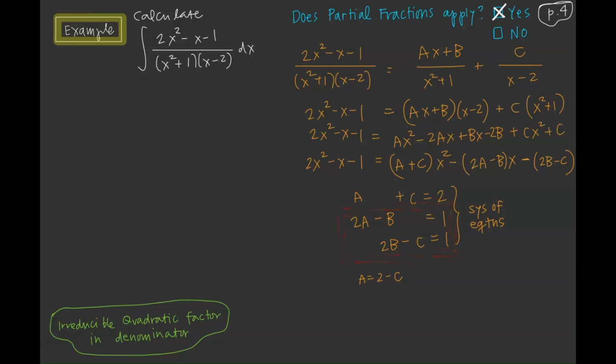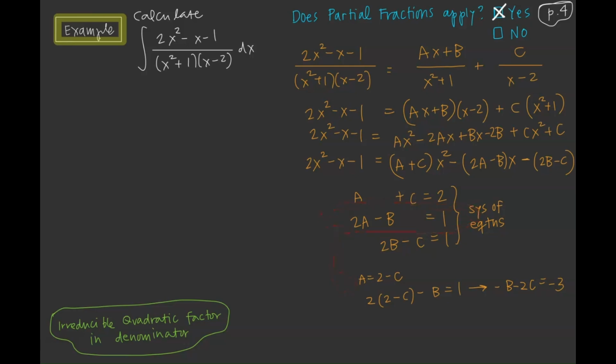So 2a is just 2 times 2 minus c, minus b equals 1, and that means that negative b, and then I have a minus 2c equals, I have a 1 over on the right side, and I'll have a 4 over here. If I take the 4 over, 1 minus 4 will be a -3. Okay, so all of that just came from this second equation once I used this substitution for a.